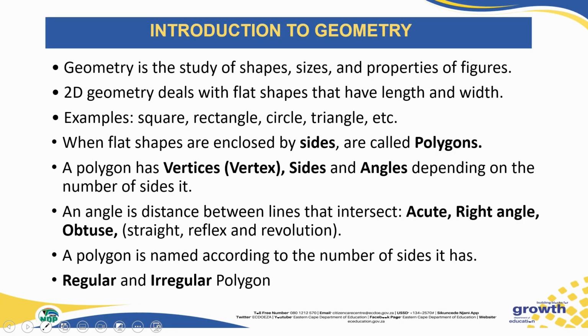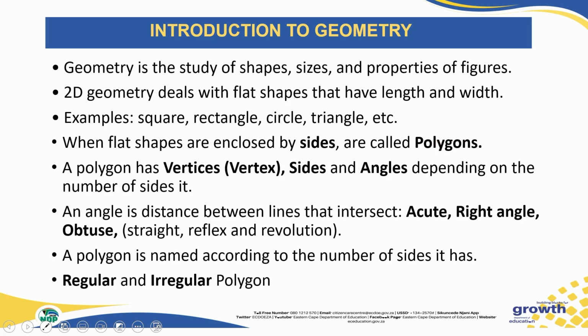Now, we're talking of 2D shapes. In the foundation phase, we talked about the flat shapes. But in this phase, we're talking of the 2D shapes as all the shapes that can be flat, but this time they are enclosed by sides, which we call the polygons.